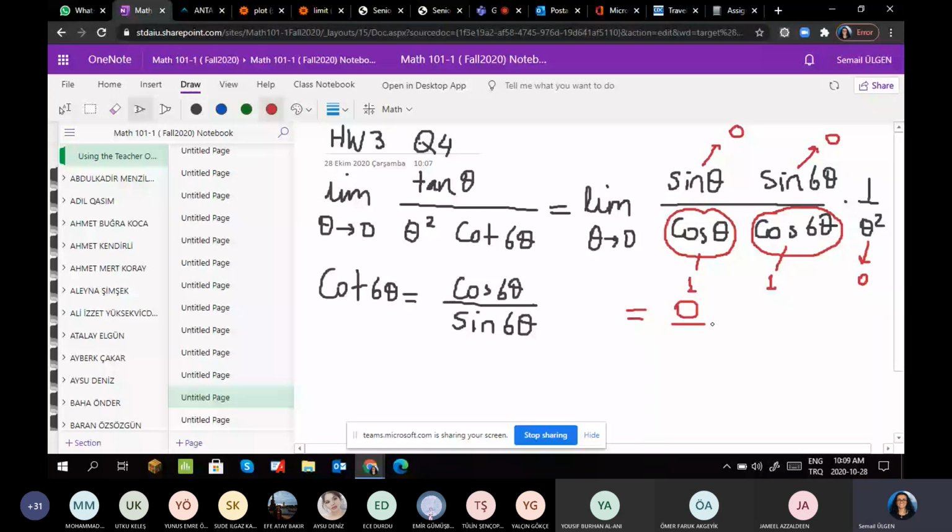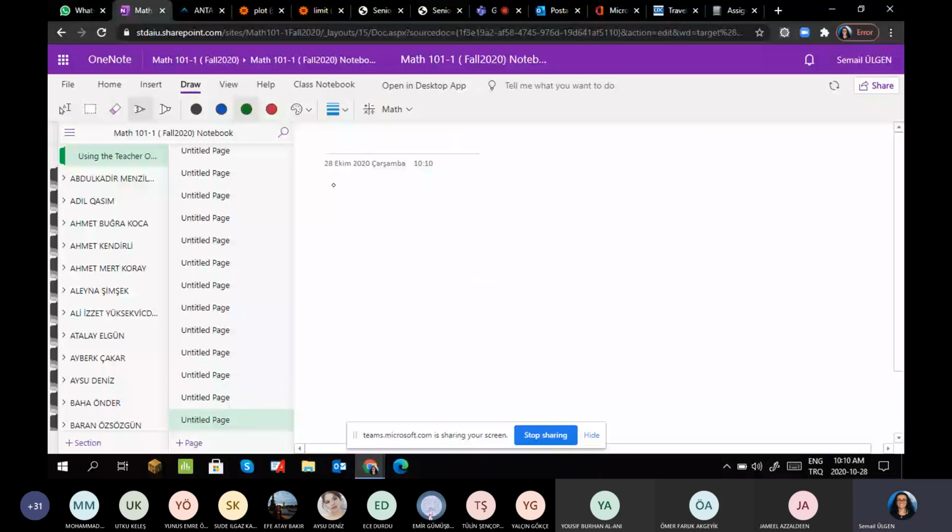And 0 over 0 is not good. Okay, 0 over 0 is undefined. So we have to do something.